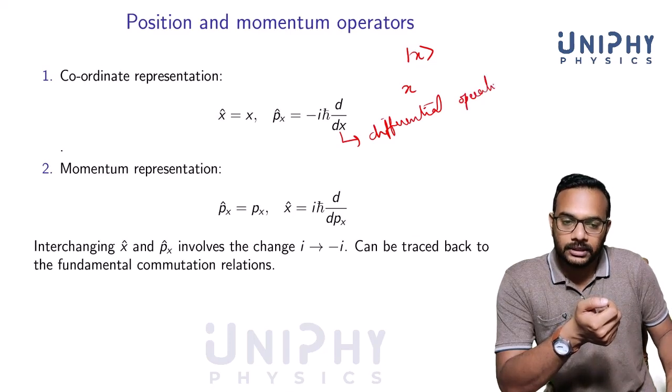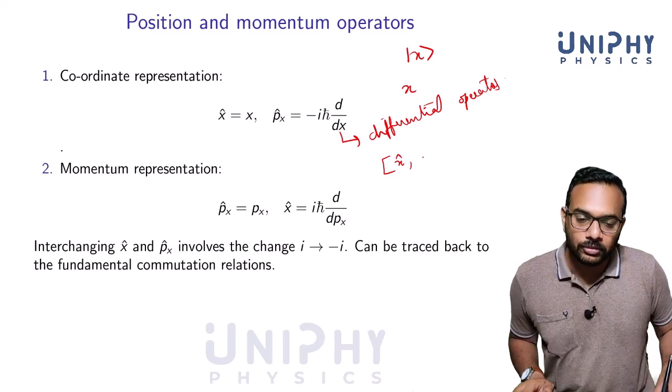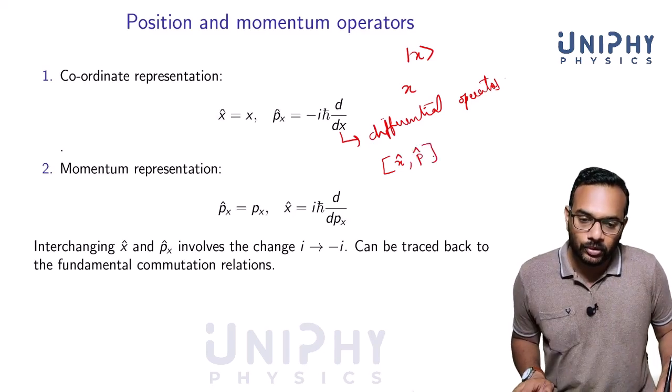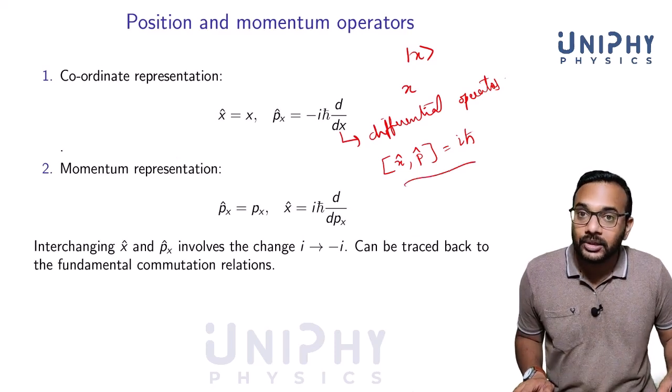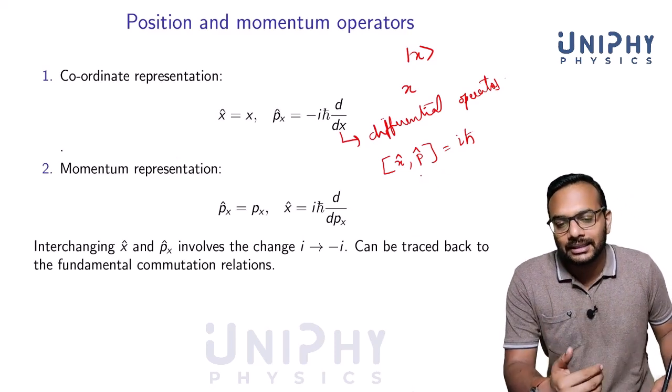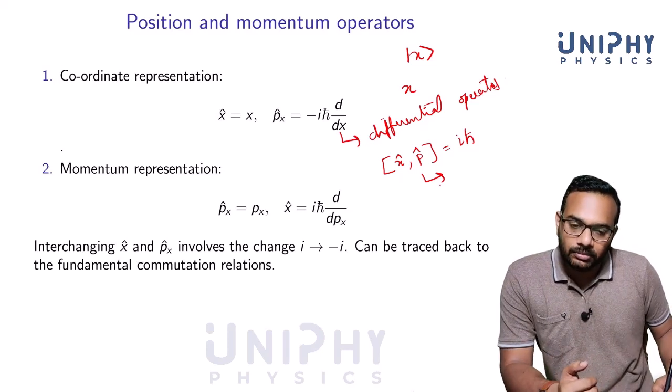Now you know that in quantum mechanics, the position operator and momentum operator satisfy this important commutation relation. In one way, you can say that this is the definition of momentum and position operator.